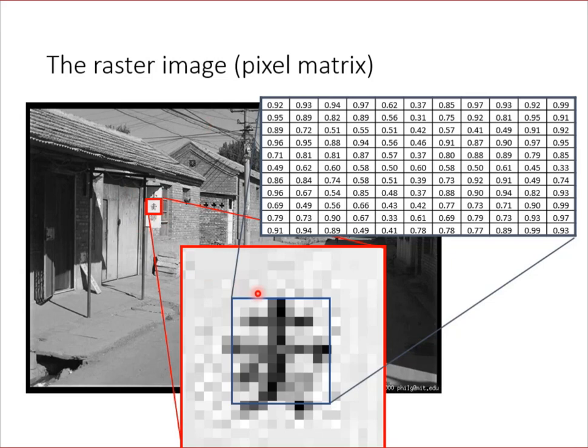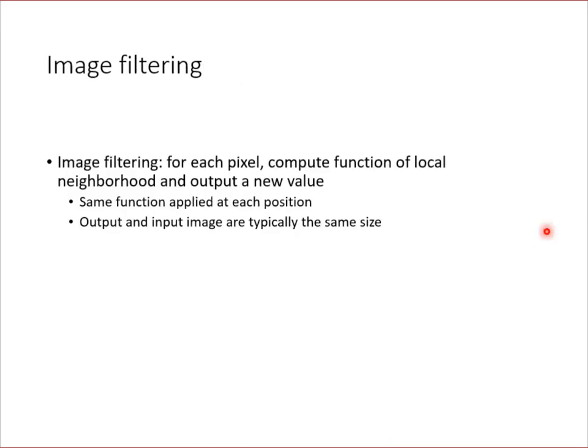So you can see in the center, the number is smaller, and around the corner, the number is larger. So now we have a number for an image, in particular an intensity image. So now we are going to find a few methods to deal with the image in terms of those numbers.